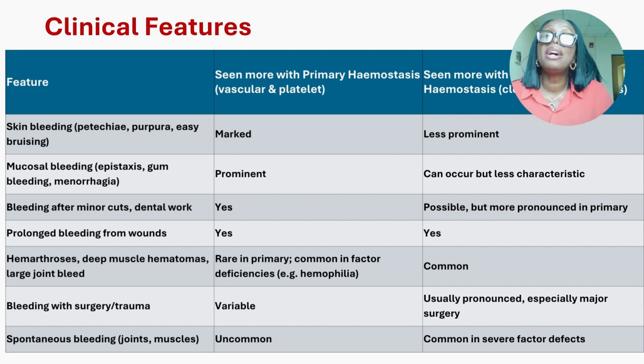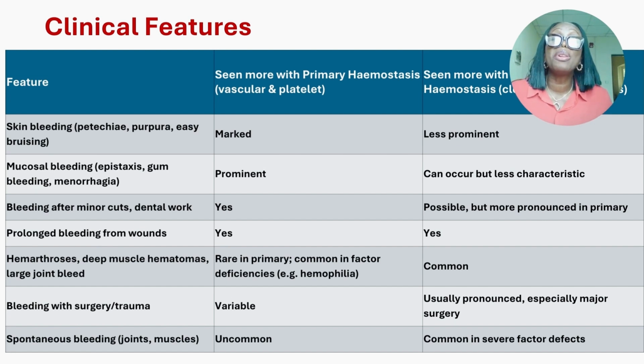Then we have bleeding after minor cuts or dental work. Yes, you can have it in defects of primary hemostasis, and you can also have it in defects of secondary hemostasis. Now let's talk about hemarthrosis, deep muscle hematoma, or large joint bleeding. This is very rare in defects of primary hemostasis.